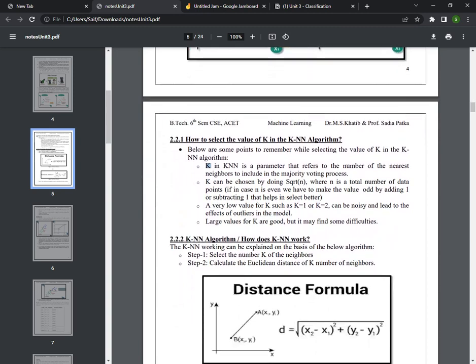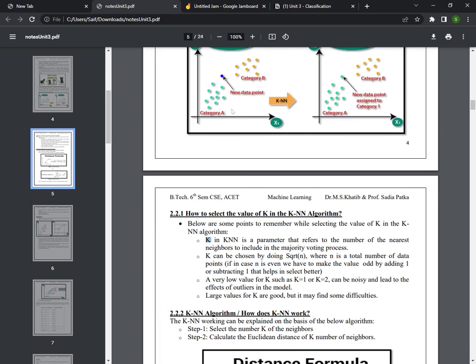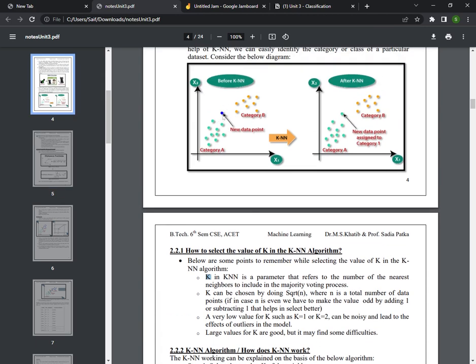Now, if we take a very low value of k, say only k as 2, and both of them are this one, it will be biased and an error will occur because the point would be assigned to category B, which is wrong.